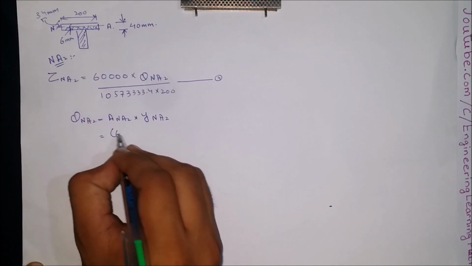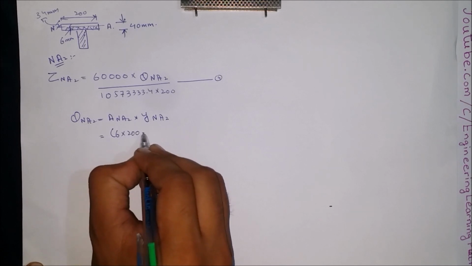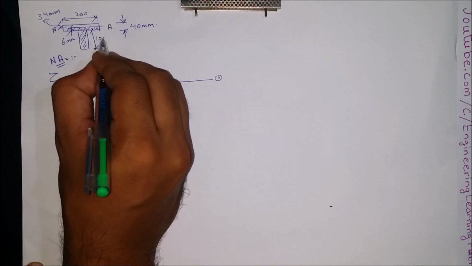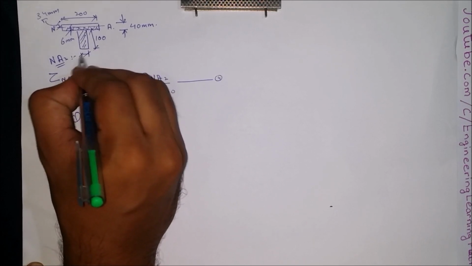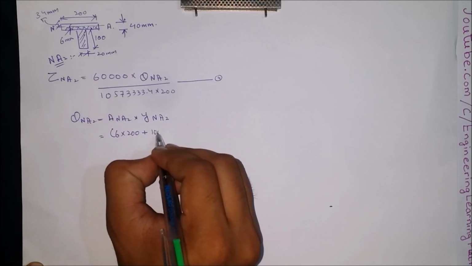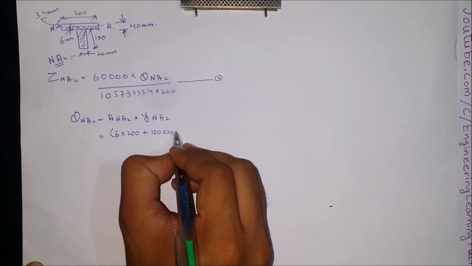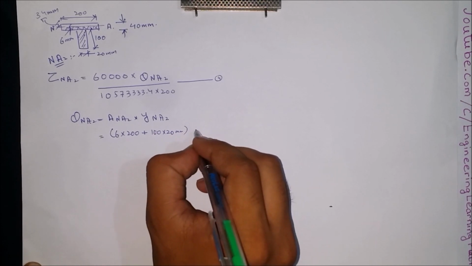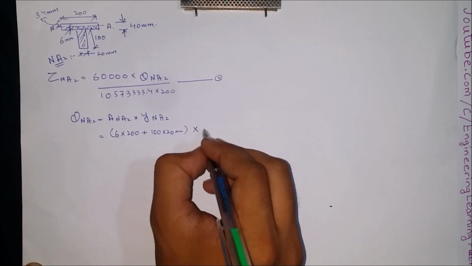So the area part is 6 into 200 plus this part, the 100 millimeter into 20 millimeter. Into the product.